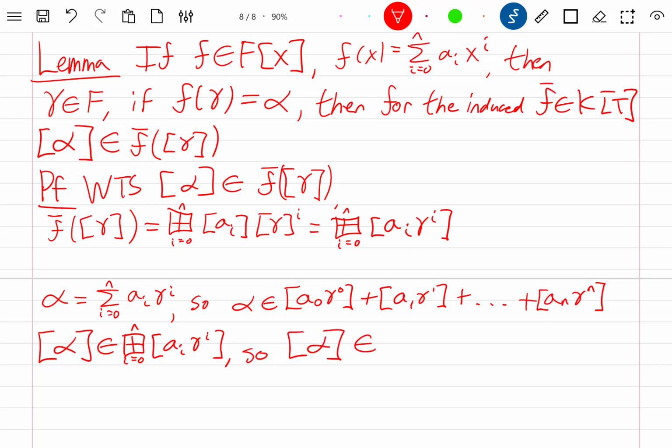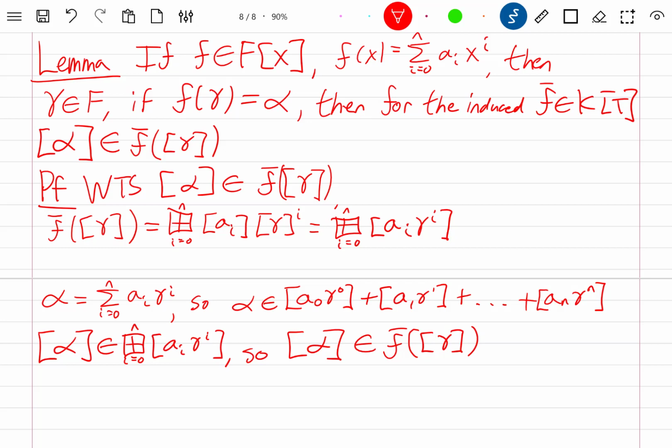So we have that alpha is in the induced polynomial acting on gamma.